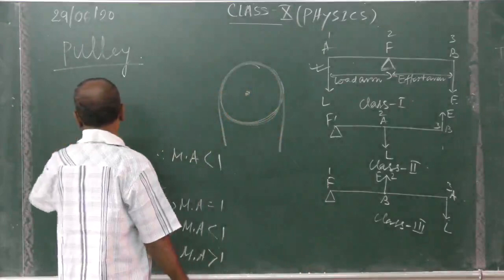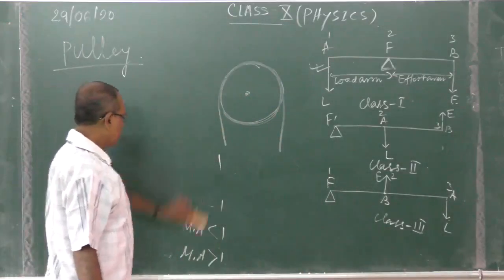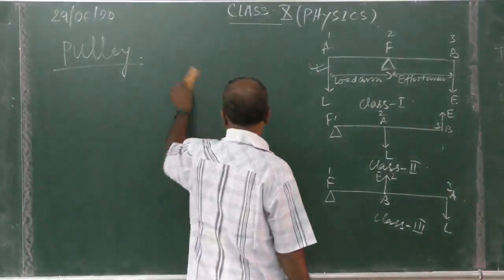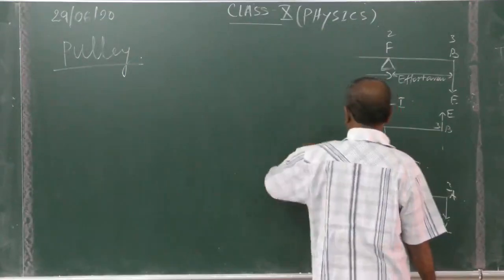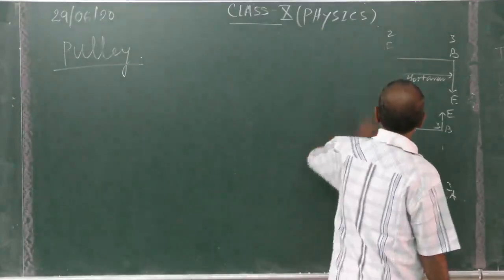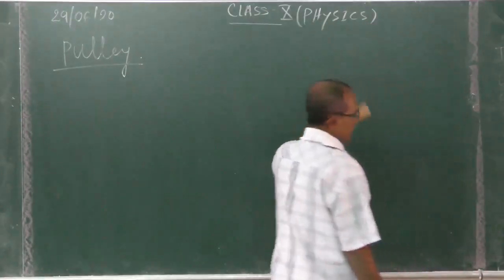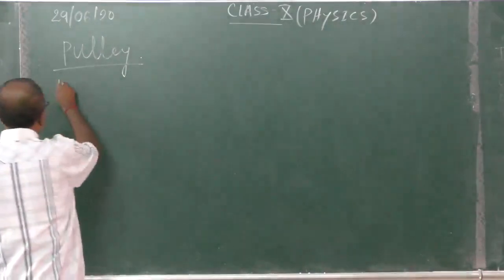Now, there are two types of pulleys. One is single fixed pulley, another is single movable pulley.